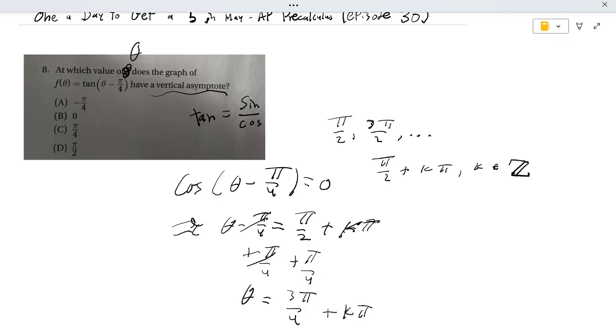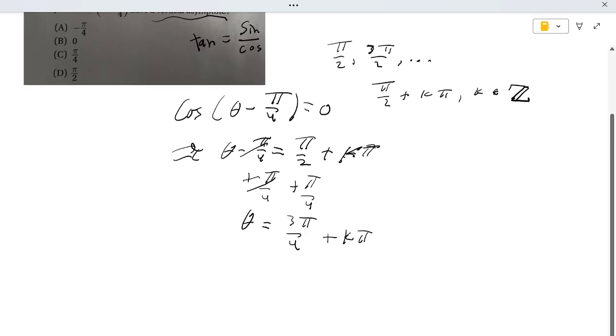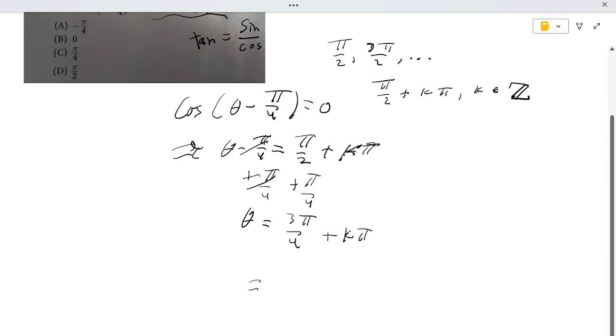Let's check which of these answer choices makes that valid. Let me write out what all this will be. Starting with negative numbers, if k is negative 2, that would be negative 5 pi over 4. If k is negative 1, it would be negative pi over 4.